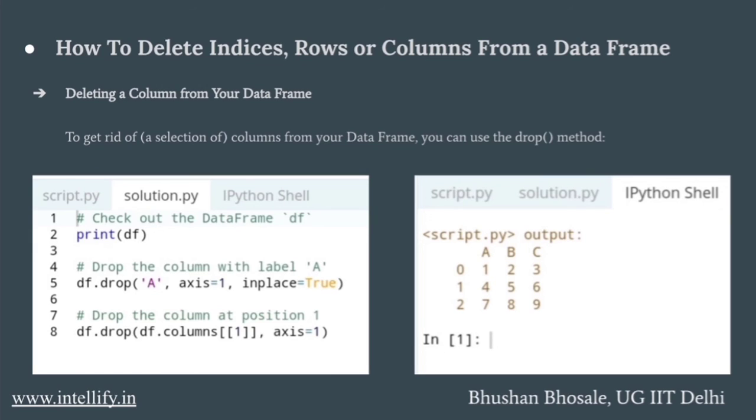Alright, now the fifth line explains how the drop method works. df.drop('A', axis=1): A is the column with the label which we want to drop, and axis equal to 1 tells it where it should operate. And in the 8th line of the code we see df.drop(df.columns[1]), which drops the column at position 1. Alright.